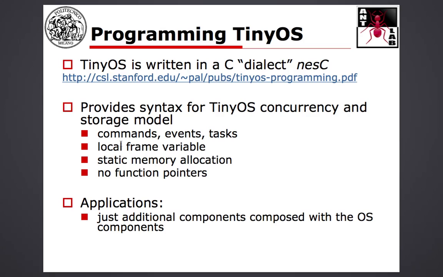Basic components may be the module for starting the application, the radio communication, the module for using the lights, and so on and so forth. When we develop an application, we take what we already have from the operating system and we wire it in a proper way according to what we want to do.